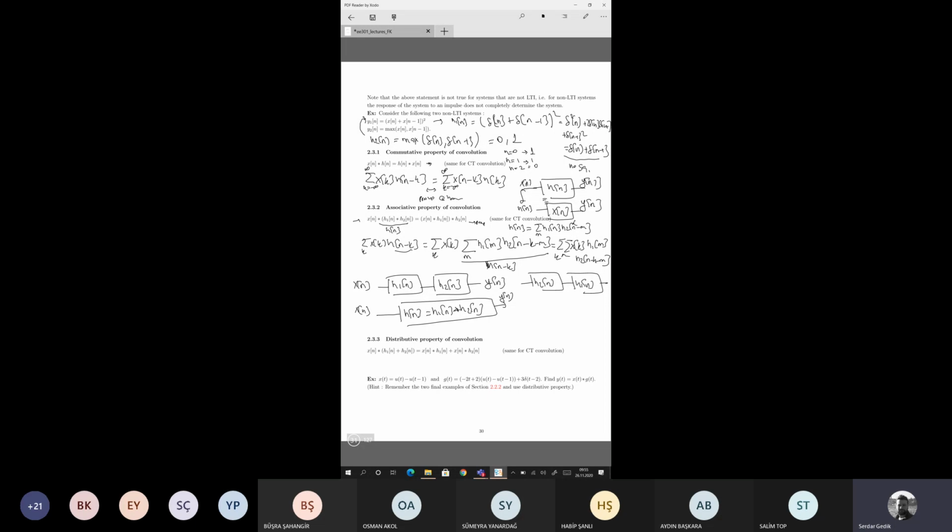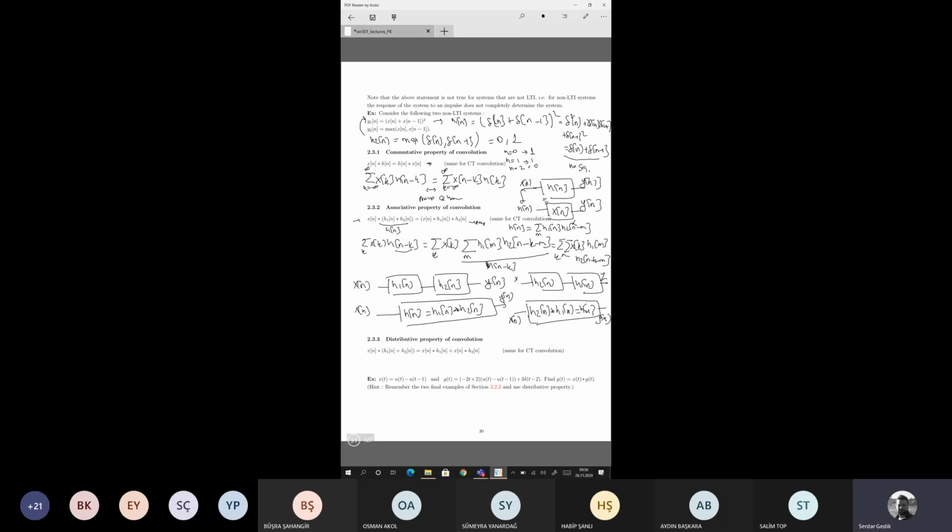Again, I have the same result. I have the same x of n and the same y of n. Or I can convolve, as an alternative, h2 of n convolved with h1 of n. This is equal to, again, the same h of n. So I have changed the h2 and h1 locations. So this is again h of n, with x of n and y of n at the output.